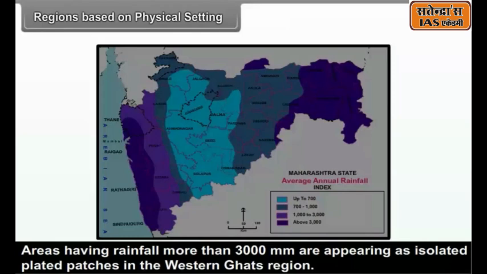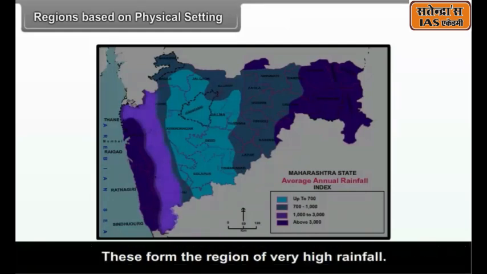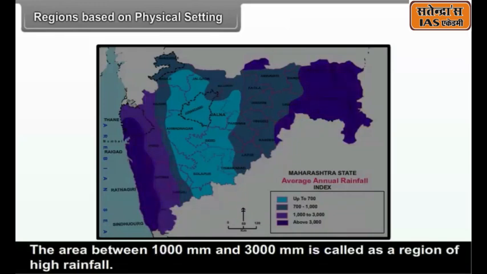Areas having rainfall more than 3000 mm are appearing as isolated patches in the Western Ghat region. These form the region of very high rainfall. The area between 1000 mm and 3000 mm is called as region of high rainfall.